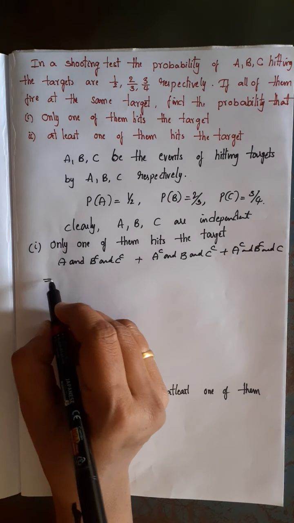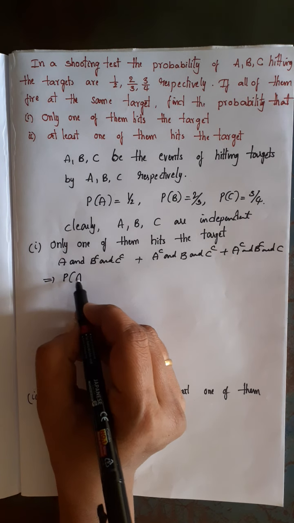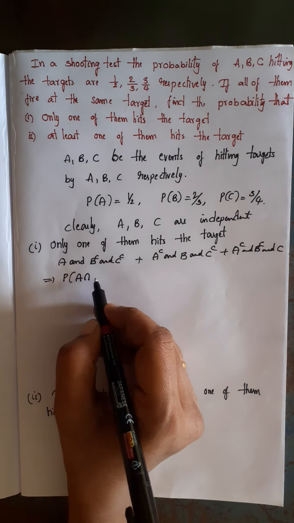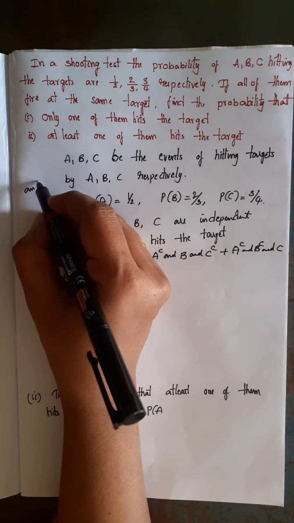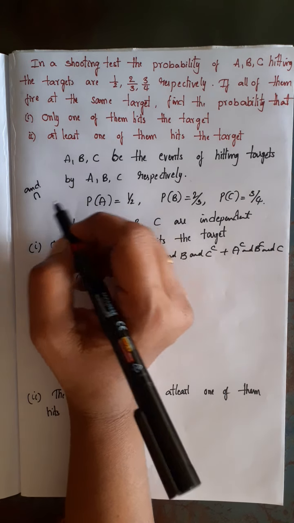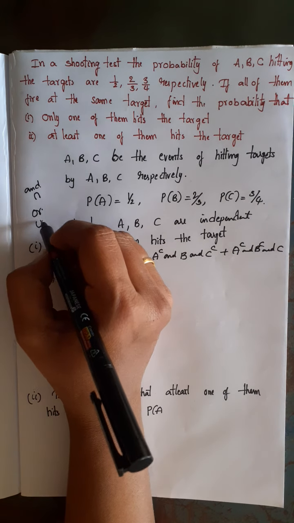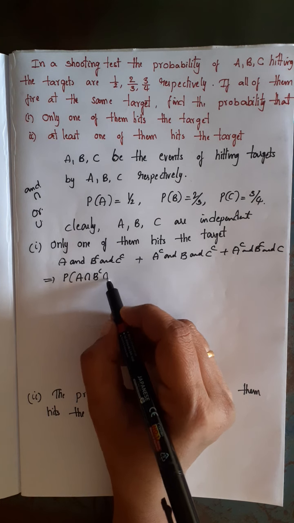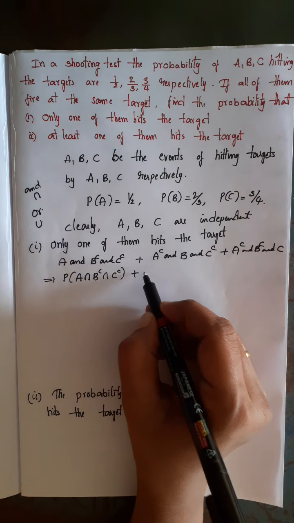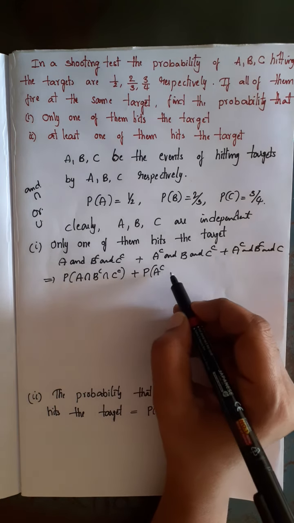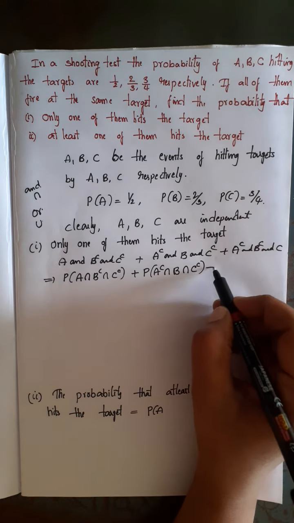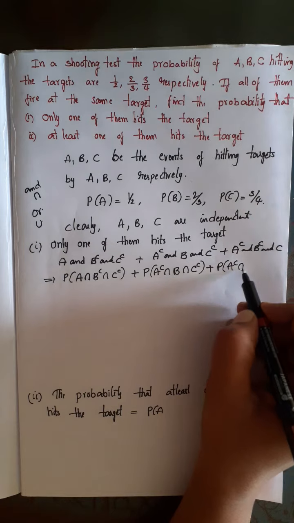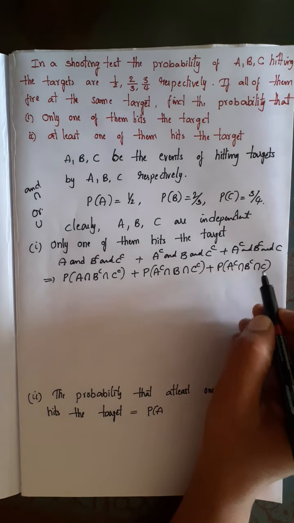So that is nothing but probability of A intersection B complement intersection C complement, plus probability of A complement intersection B intersection C complement, plus probability of A complement intersection B complement intersection C. 'And' refers to intersection and 'or' refers to union.